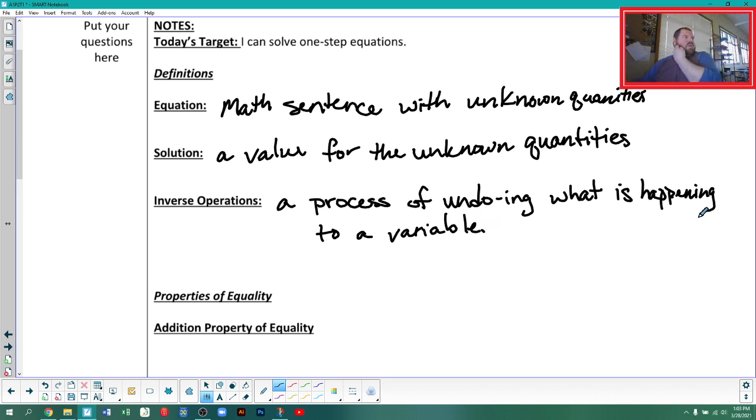We'll probably look at another representation of this in the future, but the main idea is if the problem shows addition, the inverse operation of addition is subtraction. And we're going to use that idea along with the properties of equality.